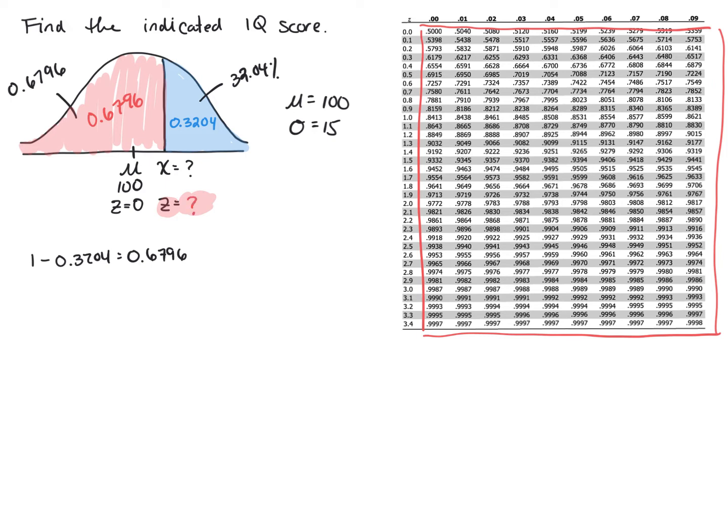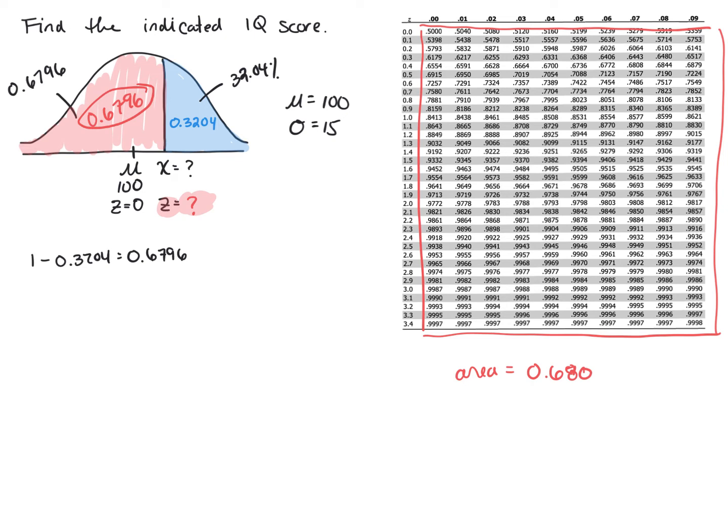Okay. All right, so I need to look in the table and search for an area of 0.6796 or something really close to that. So I'm going to look for an area that corresponds to 0.6, let's just round it to 8. All right, so let's go to the table and see where we first see that value.